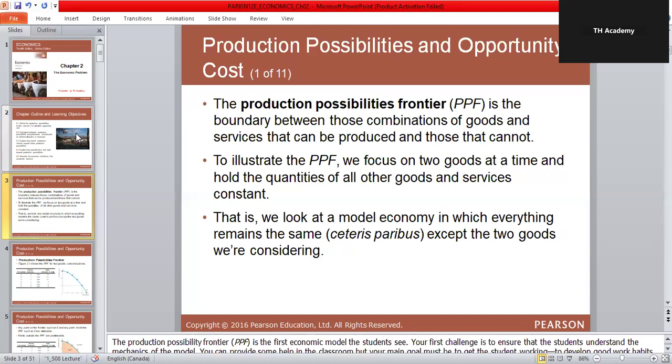The production possibility frontier is a boundary. It shows the combinations of goods and services you can produce with your resources. Anything inside is possible but inefficient. Anything outside is impossible with current resources. To make it simple, we usually focus on two goods at a time, keeping everything else constant. Economists call this ceteris paribus, which is Latin for everything else stays the same.